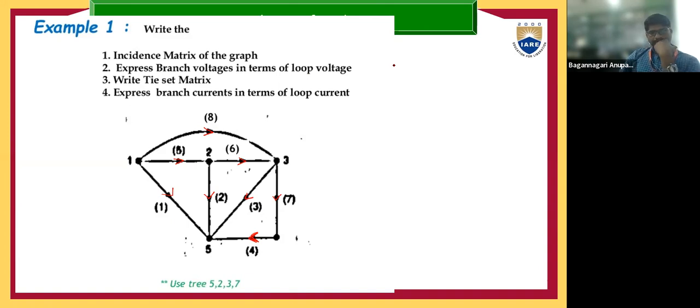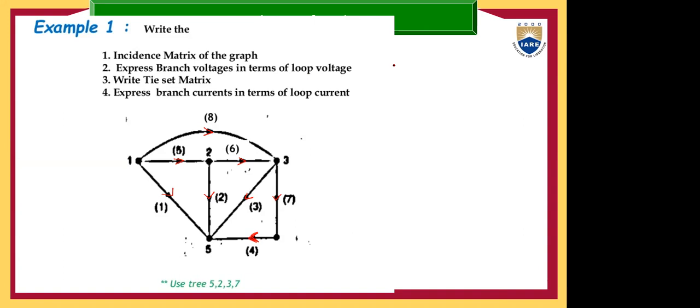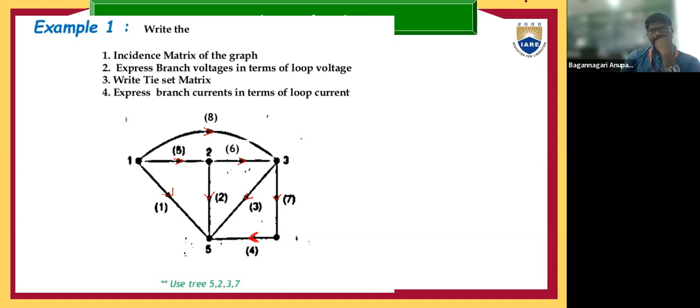How many branches do we have? So how many columns are you going to get? You are going to get 8 columns. So for the incidence matrix, you will get an 8 by 8 matrix.